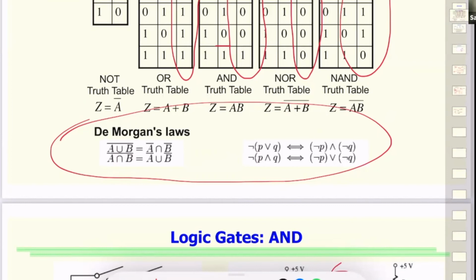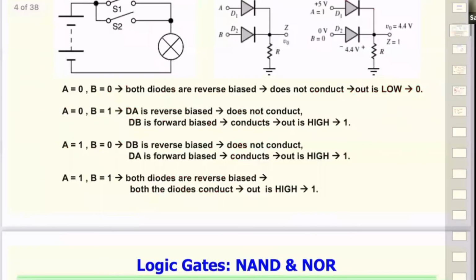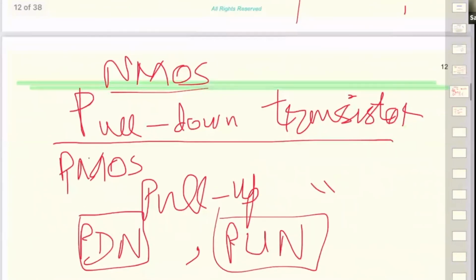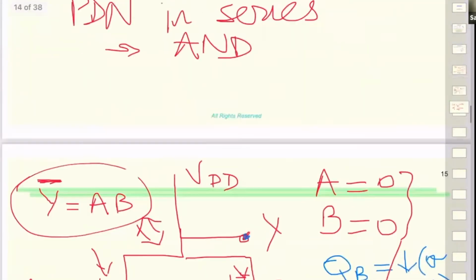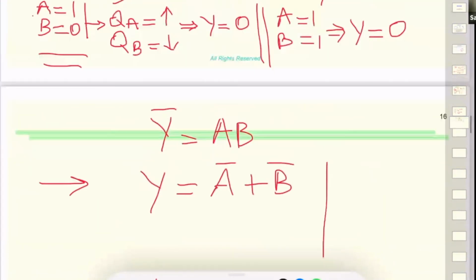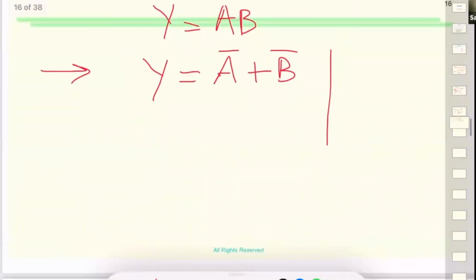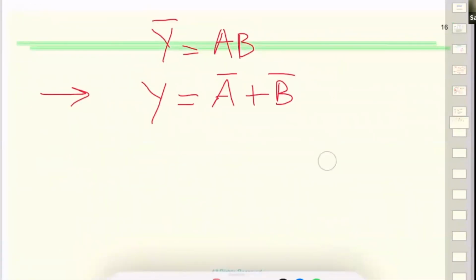Those rules help us implement one logic or circuit to get the other logic, which is the same thing, but written differently. If we were to go through those from here, we'll get the same thing. All right, so far so good.